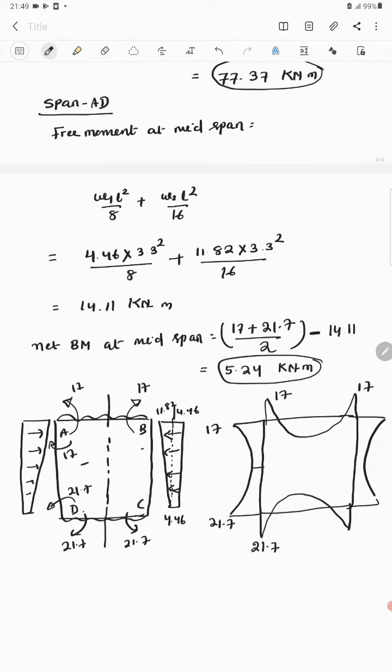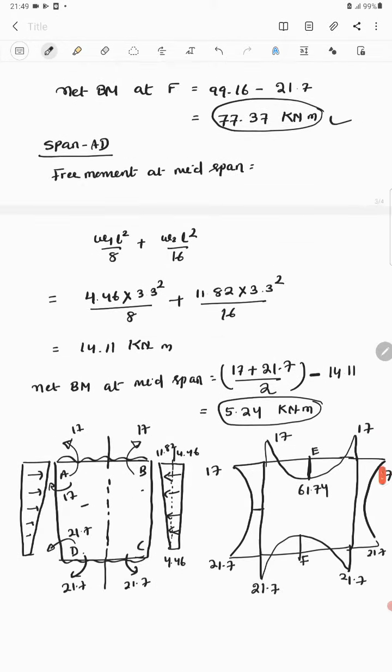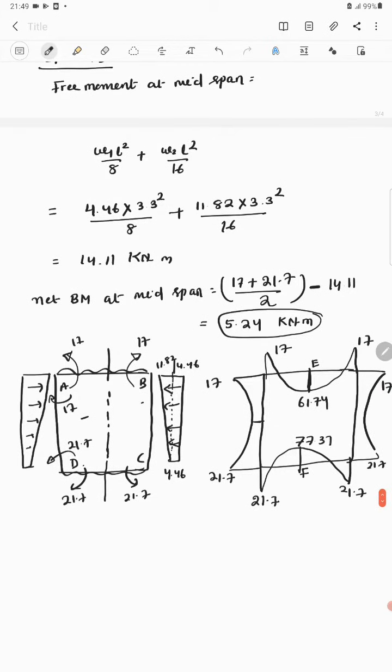Similarly, this side, this is 17, this is 17, 21.7, this is 21.7, and the maximum, this is E, this is F. So at this point we have calculated 61.74, this one, and at F 77.37 kilonewton meter, and here this is 5.24. Okay, so this is the maximum bending moment for case 2.